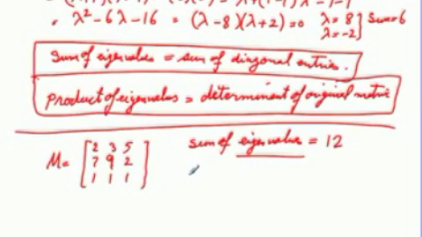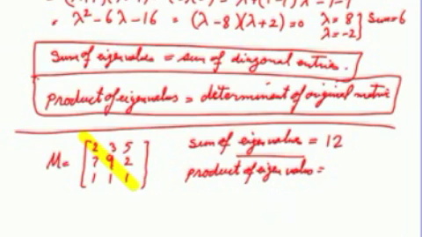And if you want the product of eigenvalues, so again, where did the 12 come from? 12 came from here. Just take these guys.